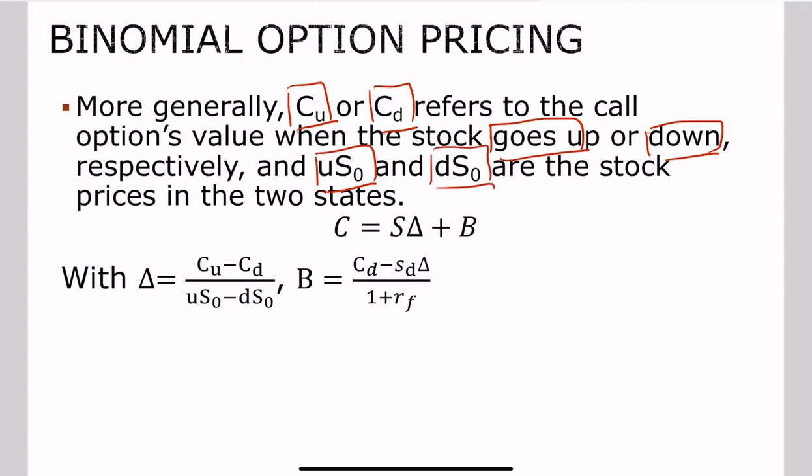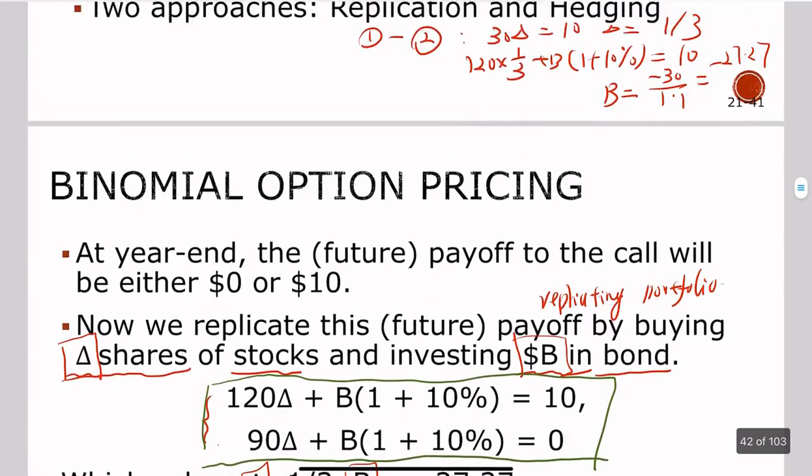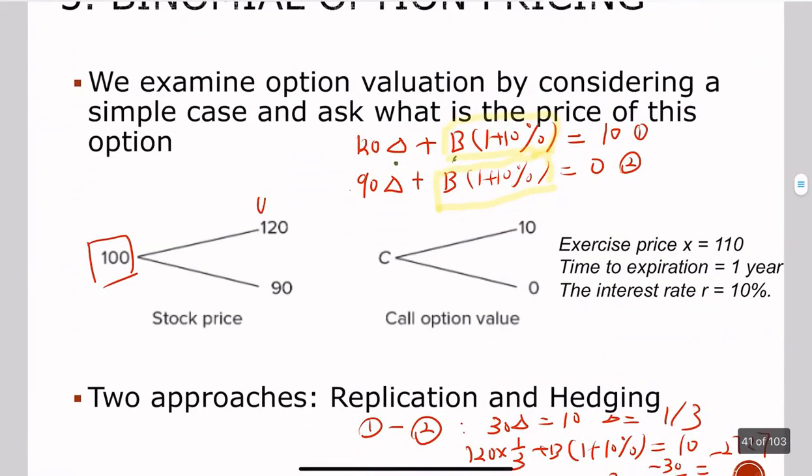So US0, I have to say this is terrible notation, but I'm basically following the textbook. So what is US0? U basically means up, right? So it's this higher share price. So this is US0.